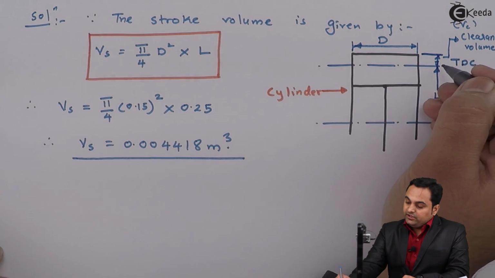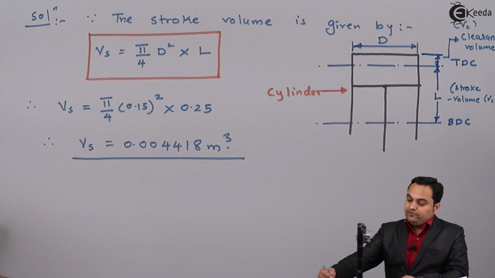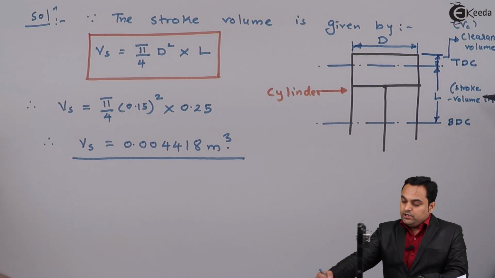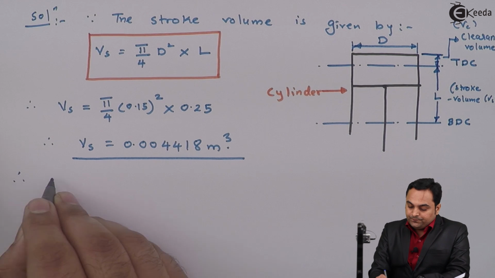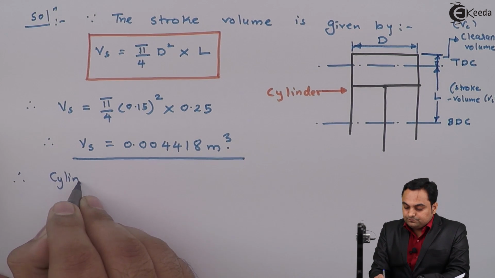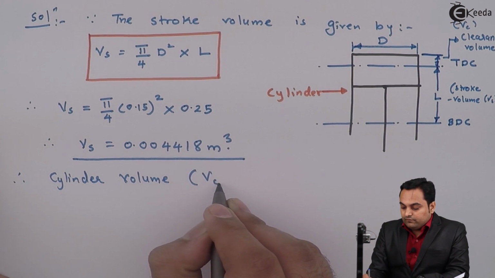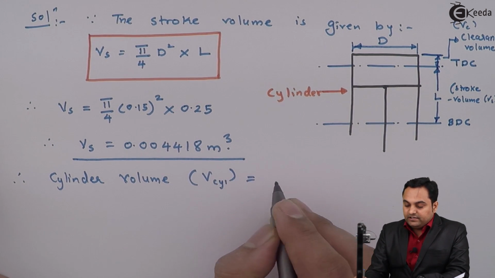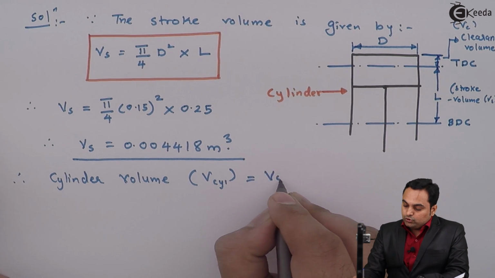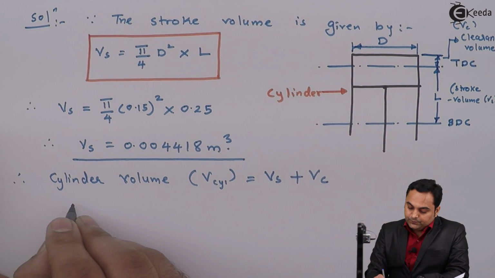Next, even the clearance volume is given, so if we add clearance volume and stroke volume, that will give us the cylinder volume. Therefore cylinder volume V suffix CYL will be equal to stroke volume plus clearance volume.